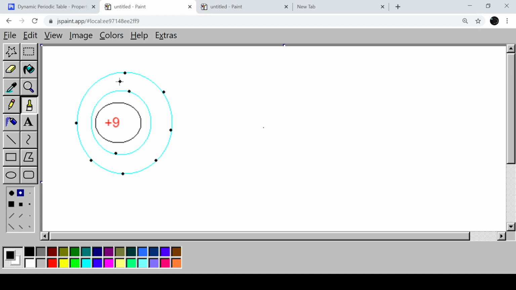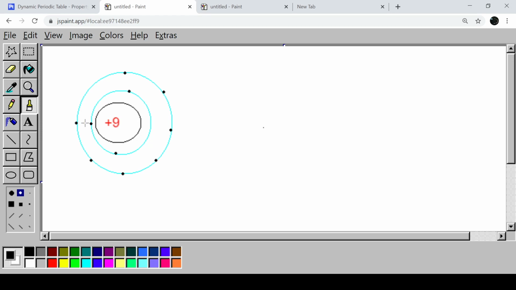So this particular atom has these 2 energy levels, and its radius is going to be defined by the outer energy level, or how big that outer energy level is.